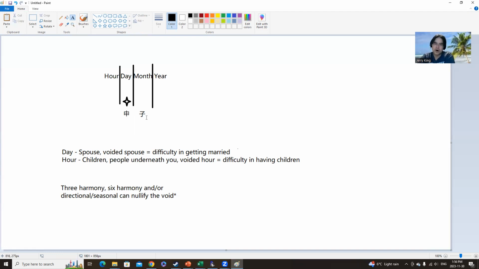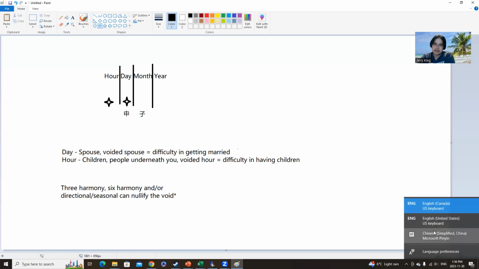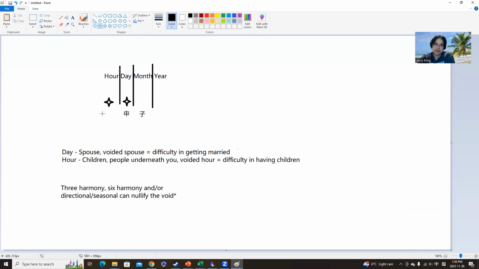So is it always negative? No, it isn't. Voids can also be positive, right? Having a void that is nullifying a bad energy. So if I have a void here, and I'm just going to put a Tiger over here just to see what happens.